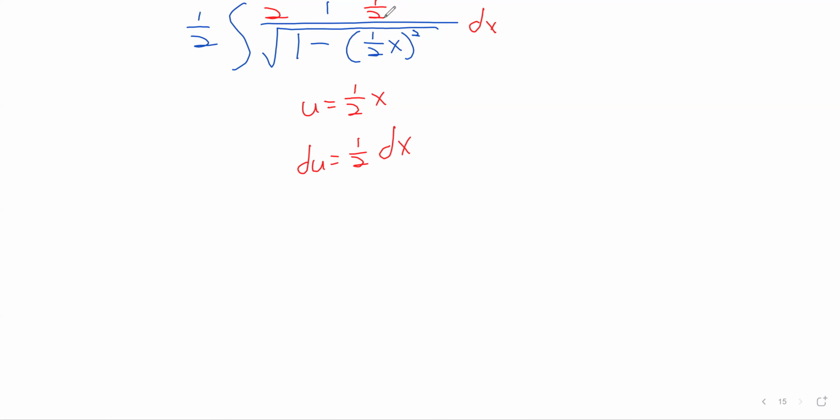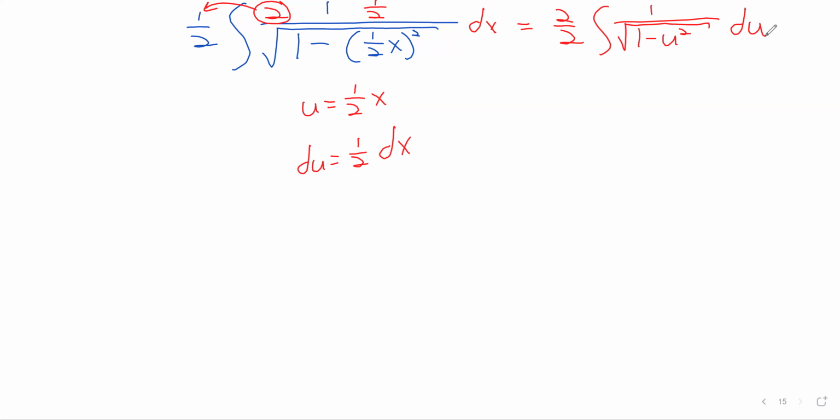I know from the homework that some students prefer to do work down here. I've never learned to do it that way, but do whatever works for you. Then this 2 will pull right out. And we have this 1 over the square root of 1 minus u squared.